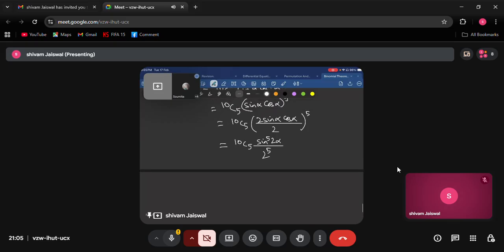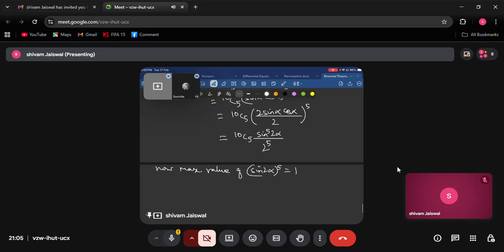Yes, sir. Now, Shwamita, what is the maximum value of this expression? Maximum value of (sin 2 alpha) whole to the power 5 is equal to 1. Maximum value of sin x is equal to 1 only, right? Yes, sir.